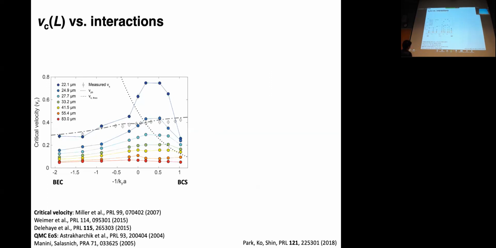And as a benchmark, we've also measured the speed of sound in our superfluid sample, and that is shown in these black diamonds here. And the dot-dash line is a theoretical calculation of the speed of sound in our sample. And then the dotted line is just the mean field BCS pair breaking velocity. All of them are normalized by the Fermi velocity.